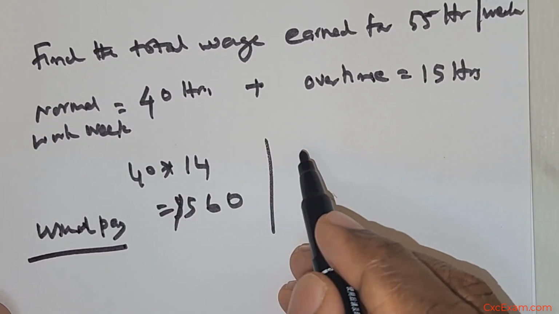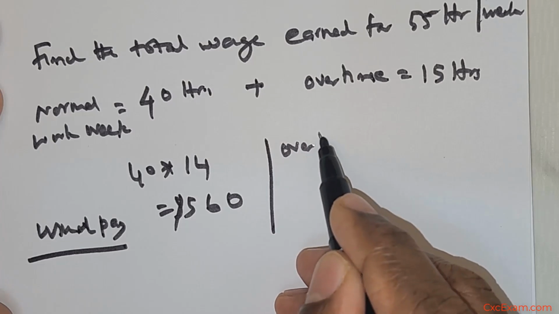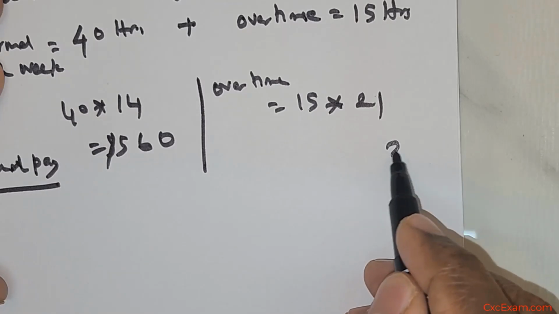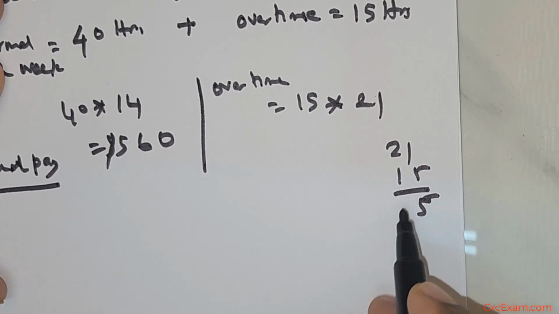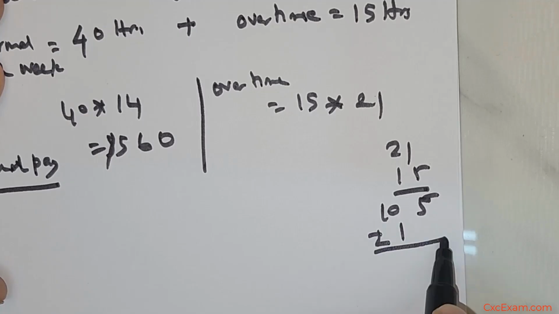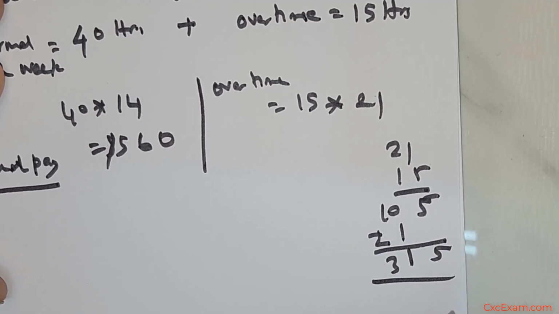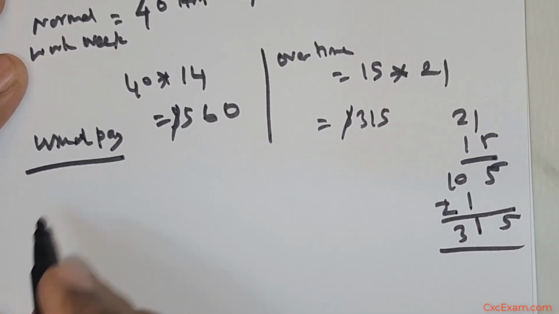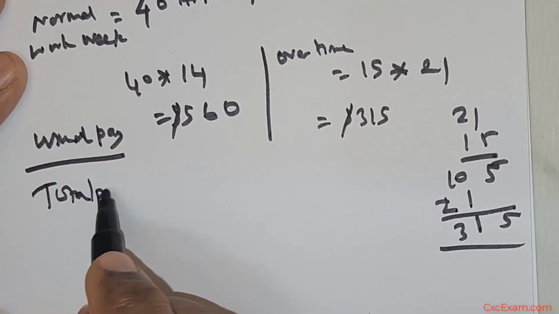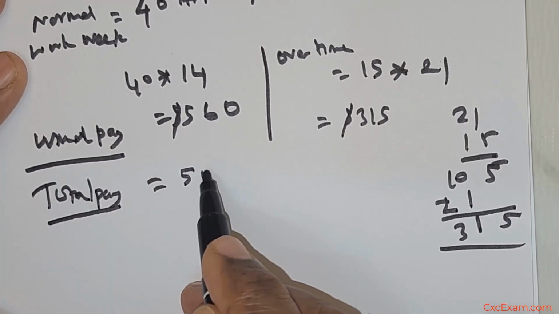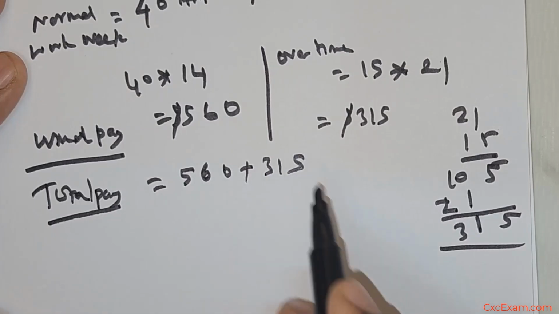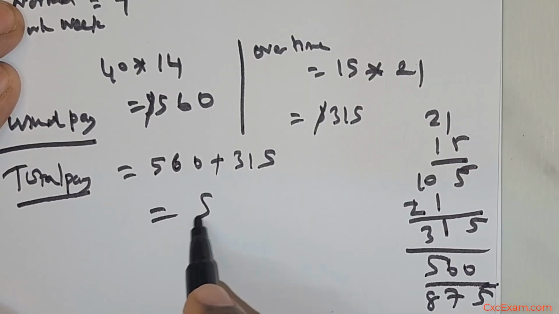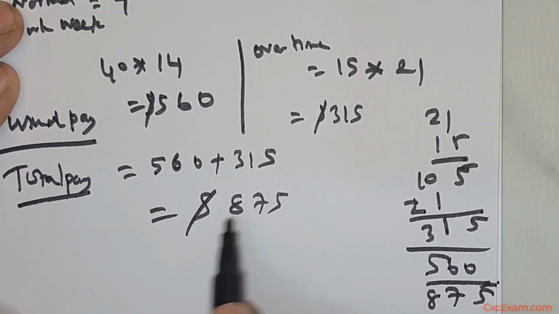Now for overtime, how many hours? 15 hours. And what is the pay? $21 an hour. So 21 multiplied by 15 is $315. So overtime pay is $315. So total pay is what? 560 plus 315. So we add these two together, 875. So this is the money that the driver takes home.